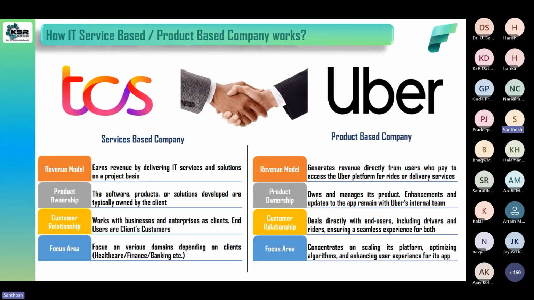How these companies work is very, very important to understand. TCS is a service-based company. Uber is a product-based company. Let's see how Uber is generating money. It generates revenue directly from the users who pay for access to the Uber platform as riders.